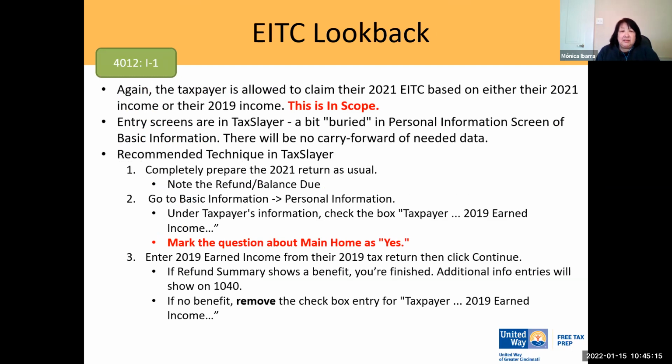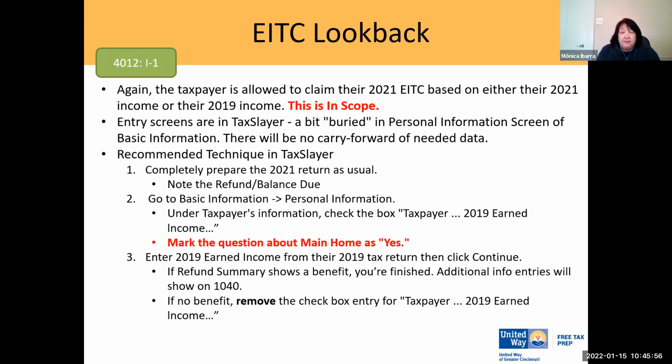And the government has taken that into account by saying that if your income this year in 2021 is less than what your income was in 2019, we can make a calculation and you can claim your earned income taxpayer credit based on the one that is most favorable. This is in scope, but it is relatively easy to do.